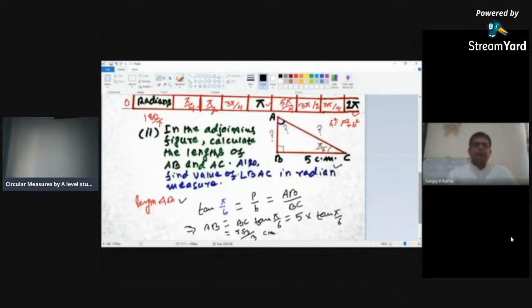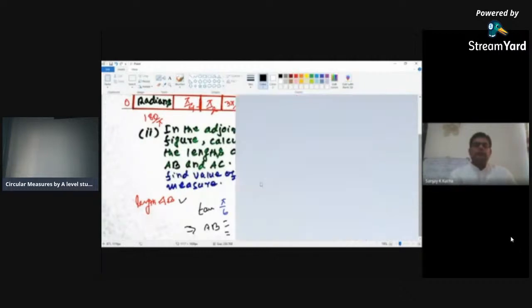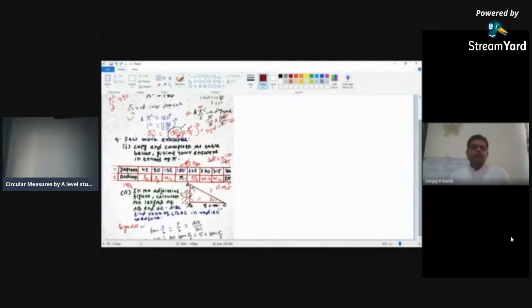Now it says to also find the value of BAC, meaning the value of angle A in radian measure. In order to do so, you have a different way to do that. Here you can see now both of these informations are here. So in this case, in order to find the angle A, we again use the appropriate trigonometric ratio.